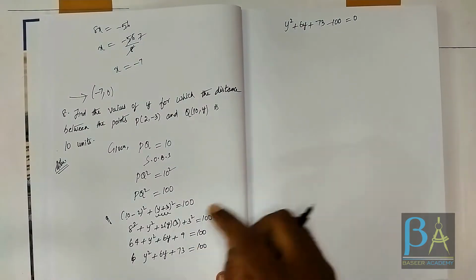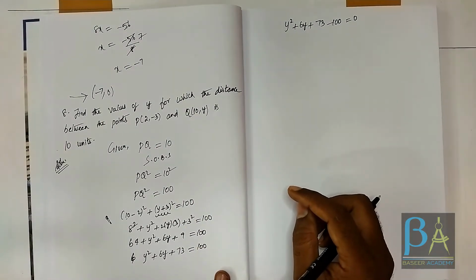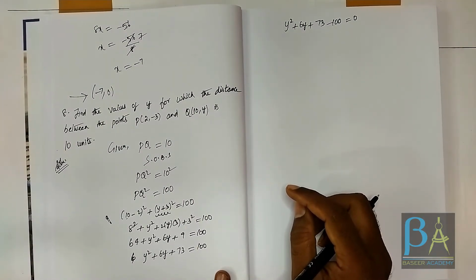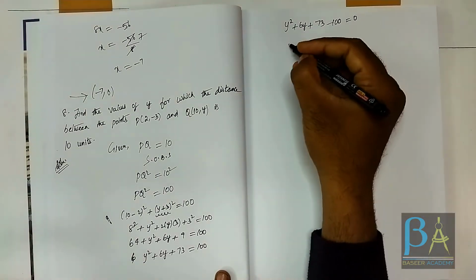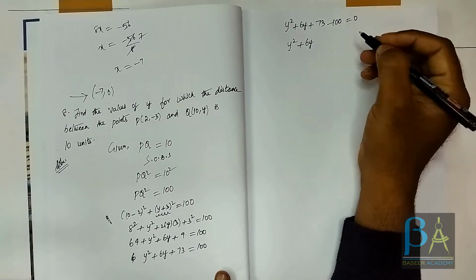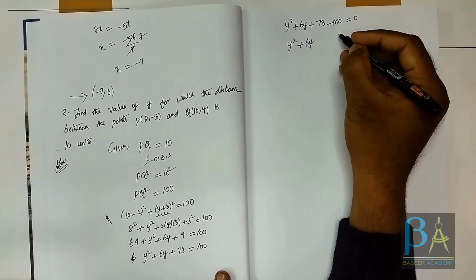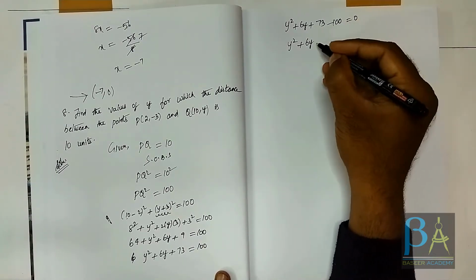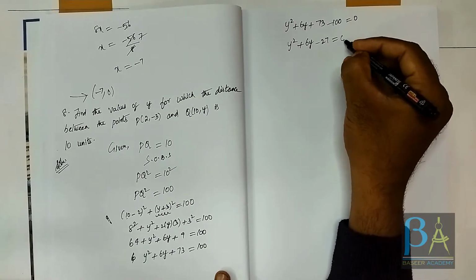Plus 100, if you transpose it to the left hand side, it becomes minus 100, isn't it? Now, y square plus 6y, 73 minus 100 gives us 27. The bigger number is 100 and it has a minus sign, so let me write minus 27 here.